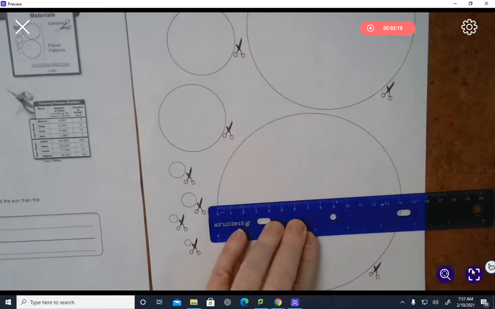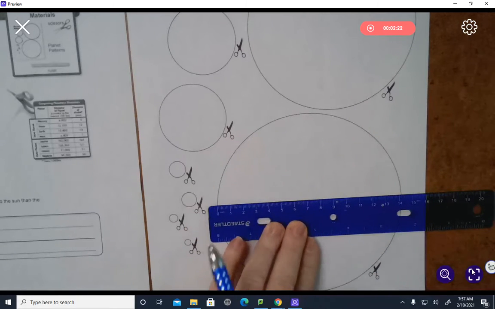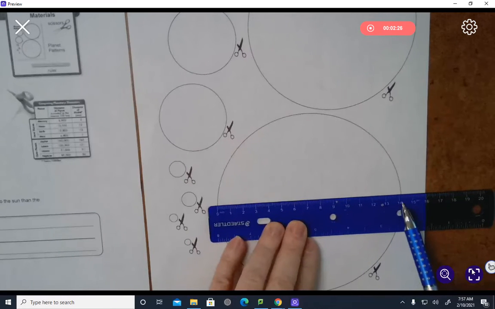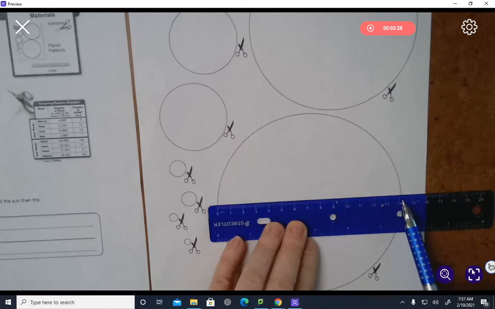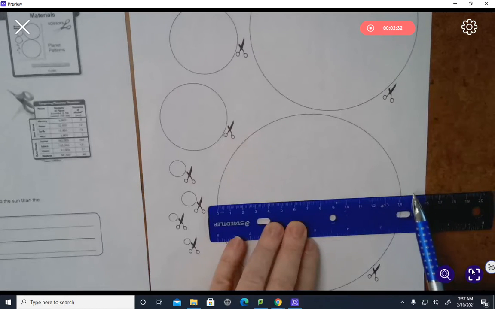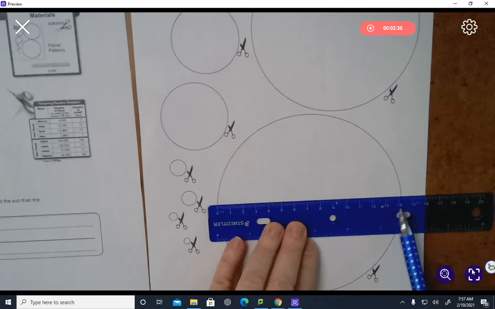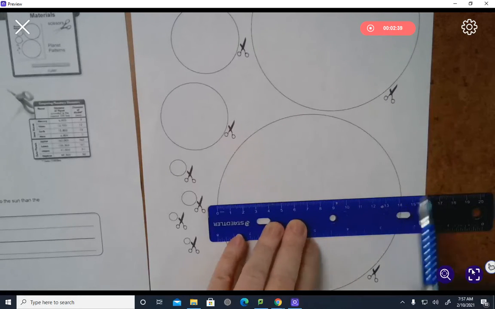Now remember, 10 millimeters equals each centimeter. So all I have to do is go here, and this is about 14 times 10, which is like 140, and it goes a couple beyond that.